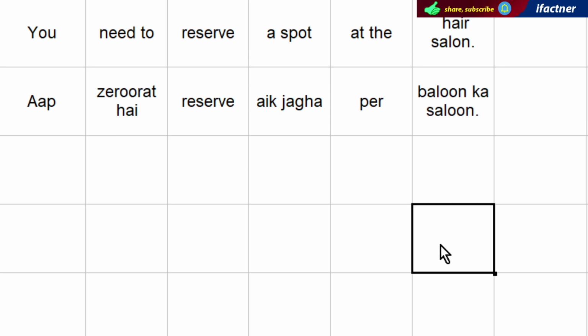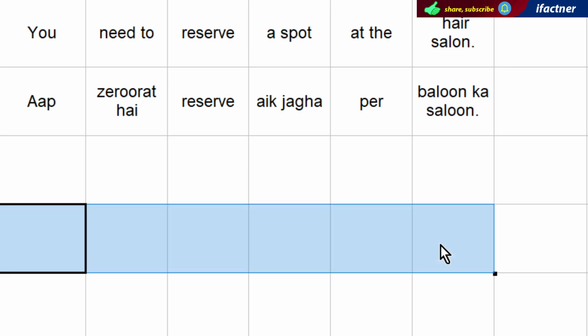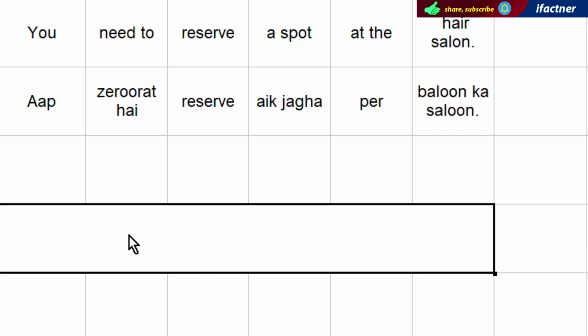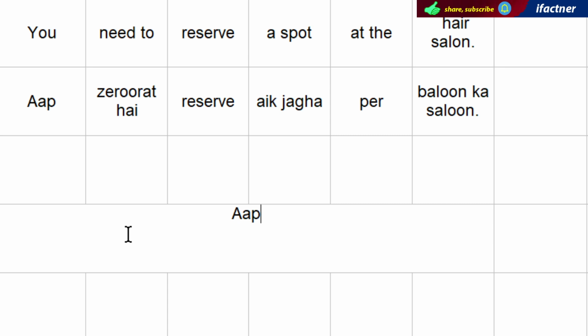So now we want to translate: You need to reserve a spot at the hair salon. How can we translate it in Urdu? We will start with the subject आपको. Then comes the object, which is hair salon और बालों का सलून, बालों के सलून पर, आपको बालों के सलून पर जगह.